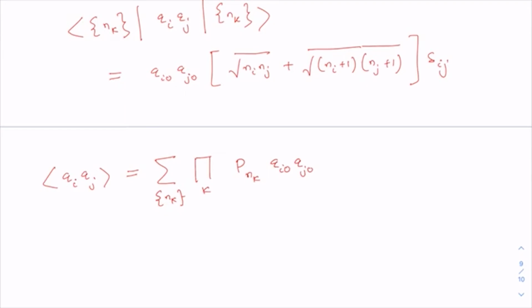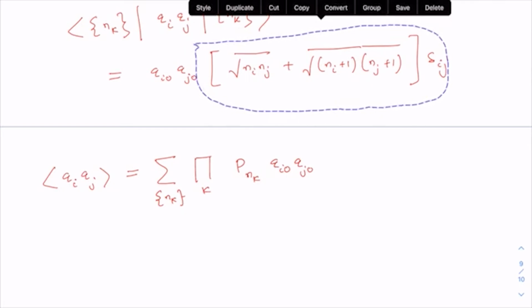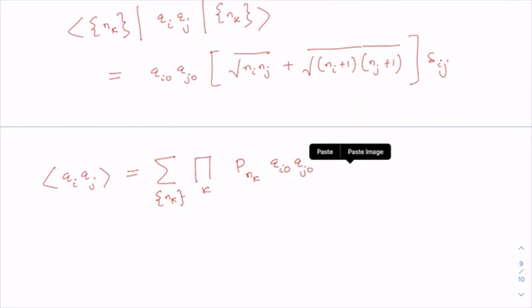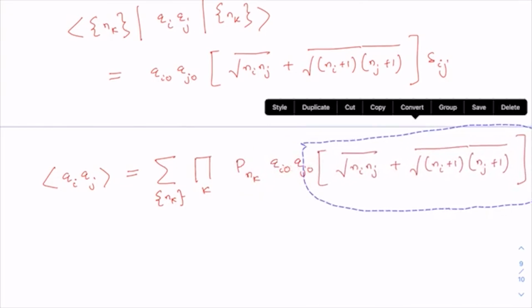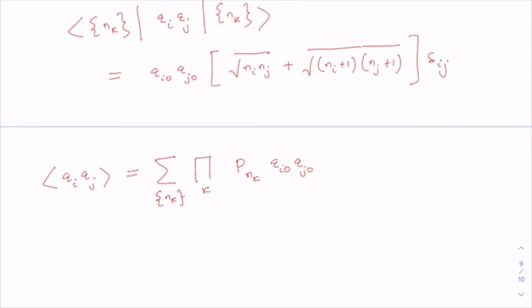Let me copy the same term here: qi0 qj0 times square root of ni nj plus square root of ni plus 1 nj plus 1 and delta ij.